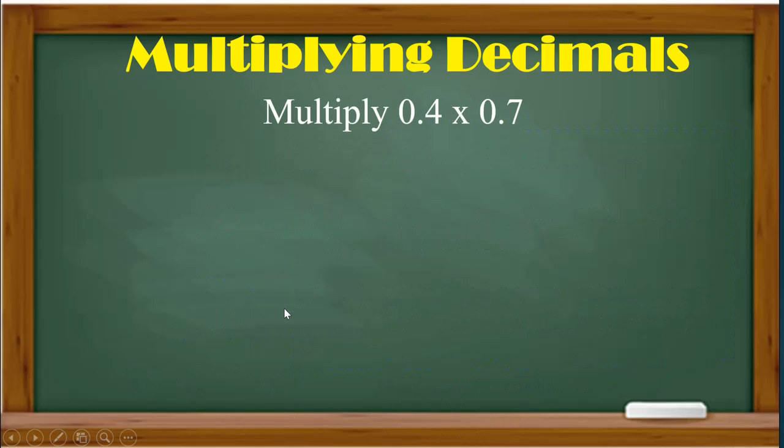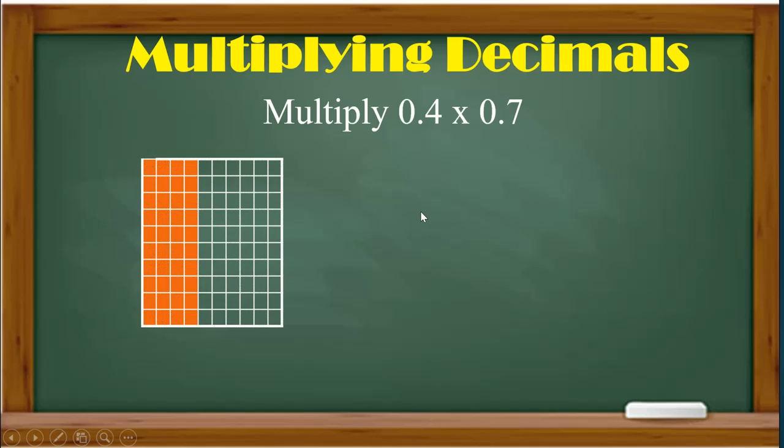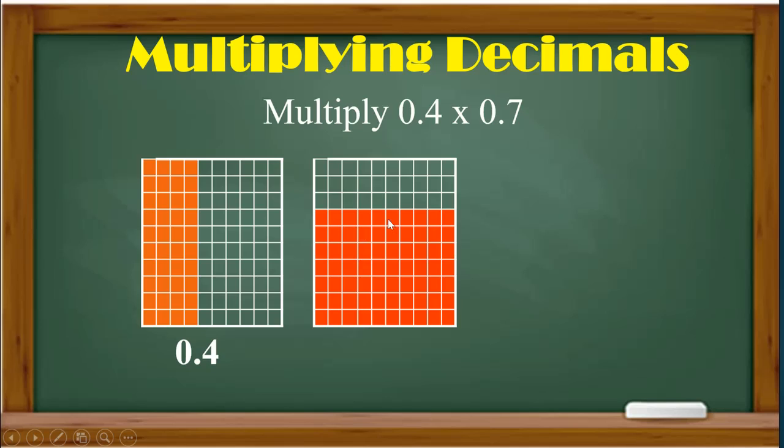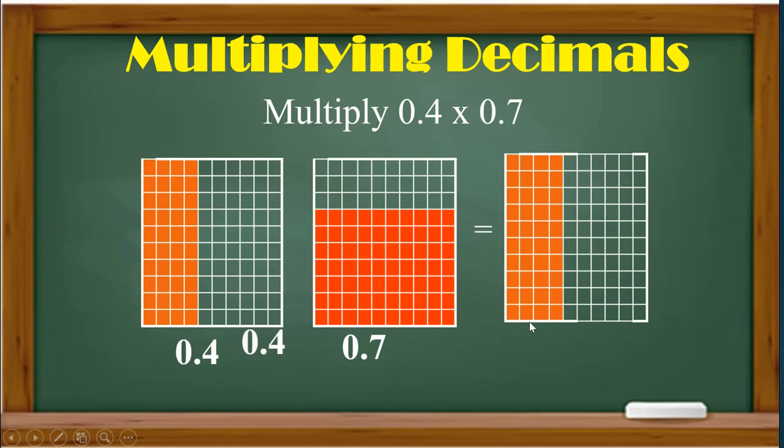How about multiplying 4 tenths by 7 tenths? So we will have 4 sets of 10 and 7 sets of tenths. So if you will combine them, the overlapping grid is colored purple.